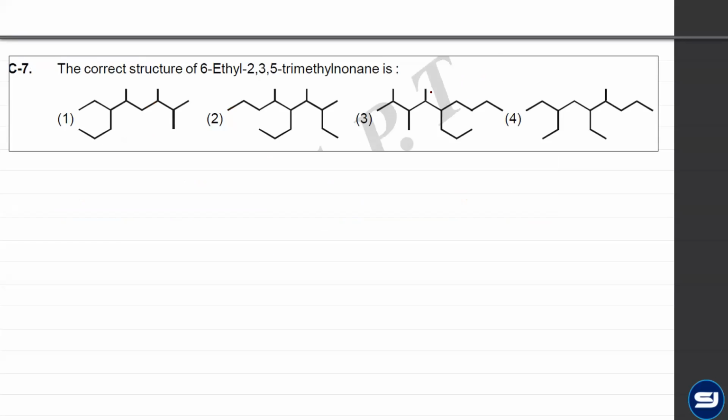Next, the correct structure of 6-ethyl-2,3,5-trimethylnonane. We have to find a parent of 9 carbon with 4 substituents at 2, 3, 5, and 6.